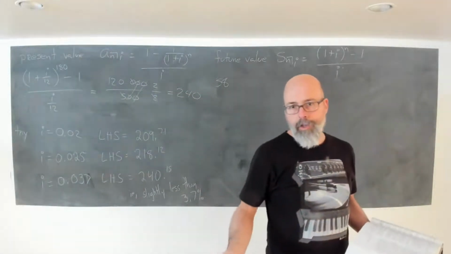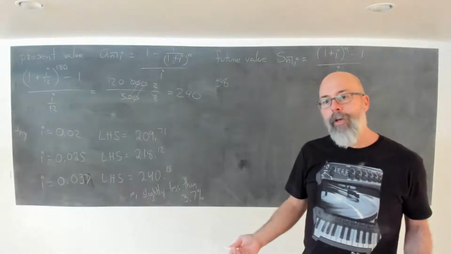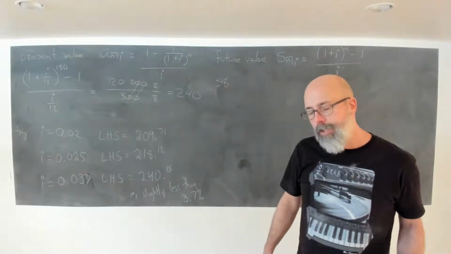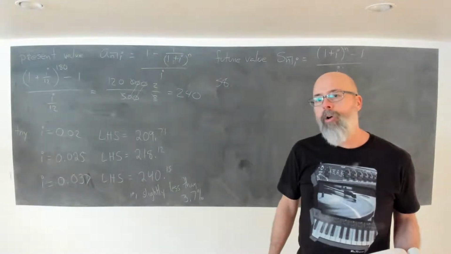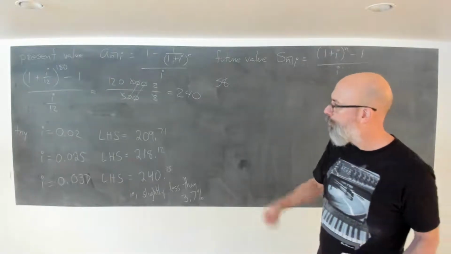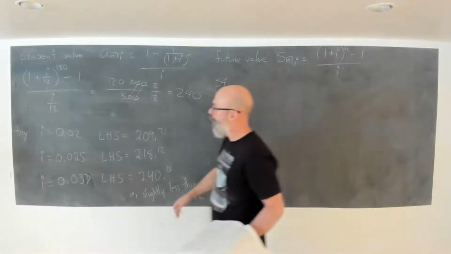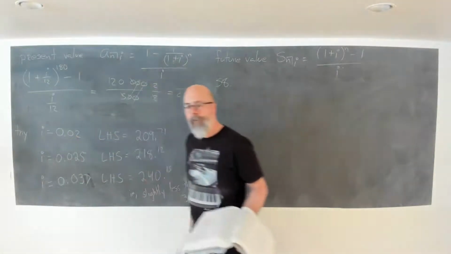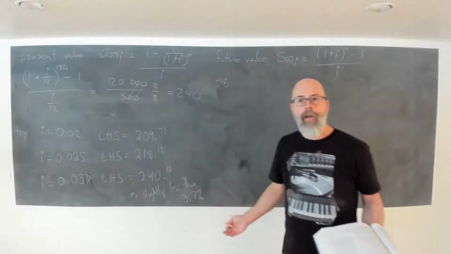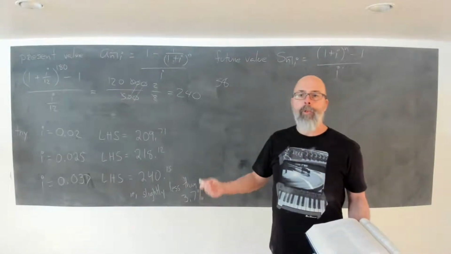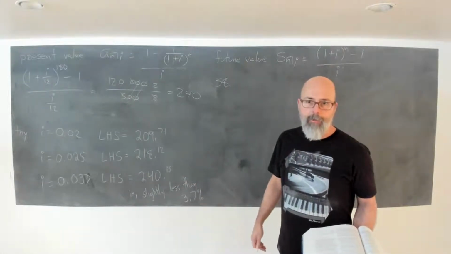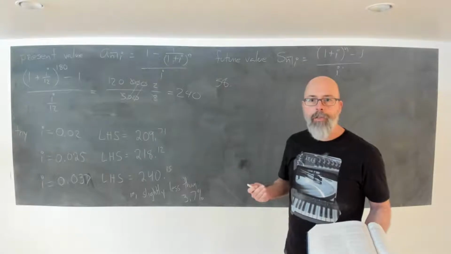So all I was suggesting is that the interest rate is probably pretty small. So we started with something small, 2%. Whatever you start with, it doesn't matter. Probably it's not going to be the right answer, and you're going to have to adjust.